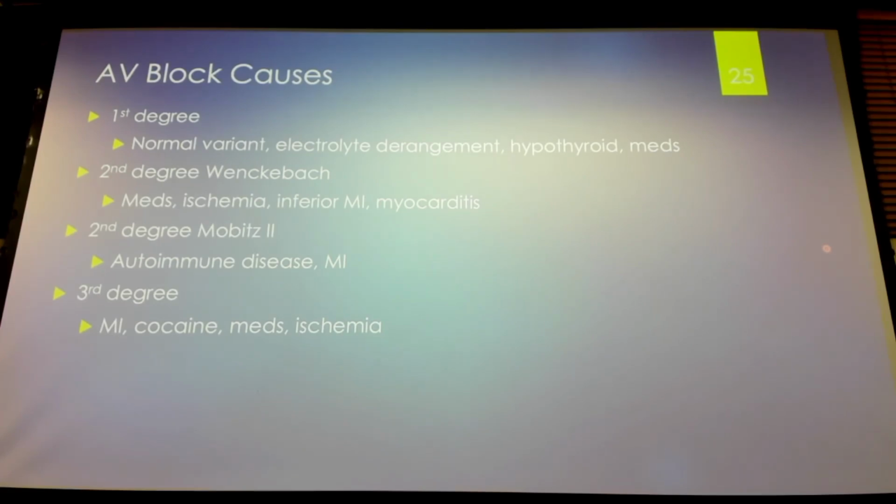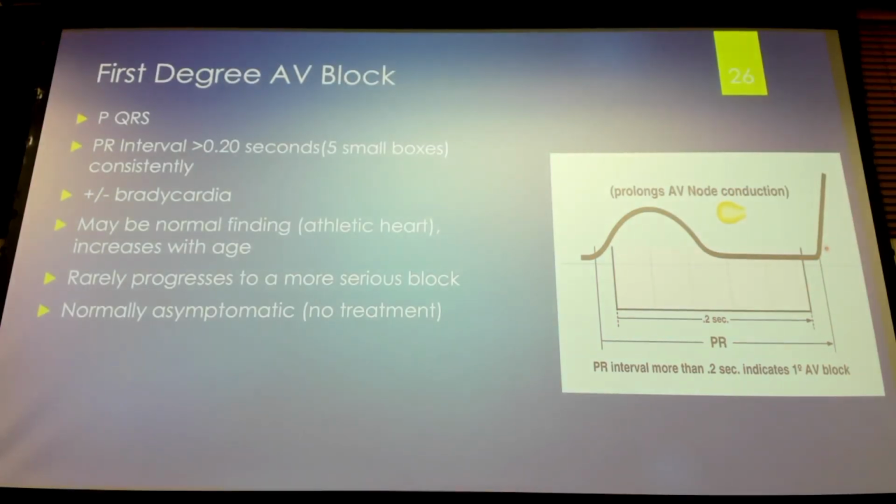Second degree Mobitz 2 is concerning, and then third degree is very, very concerning. So Mobitz 2 could be from an MI as well. Third degree from an MI. Cocaine is a big common cause of third degree AV block, or medications like digoxin or digoxin toxicity can cause that. So our first degree AV block.